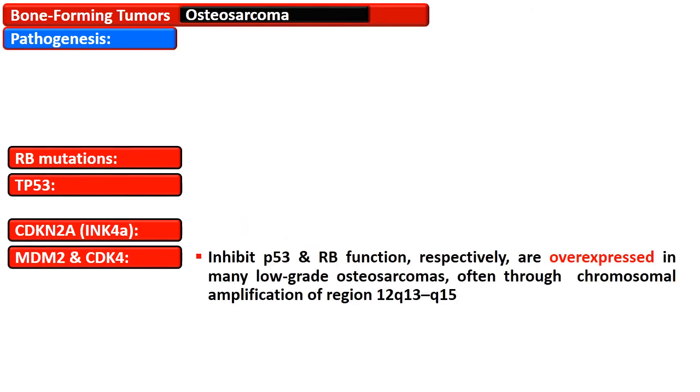MDM2 and CDK4 inhibit P53 and RB function, and they are overexpressed in many low-grade osteosarcomas through chromosomal amplification in the long arm of chromosome 12.